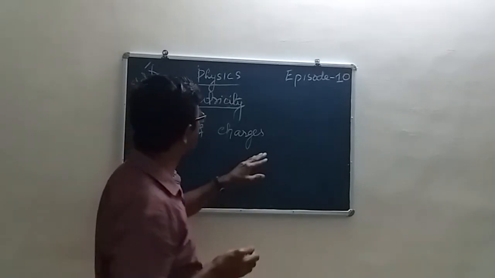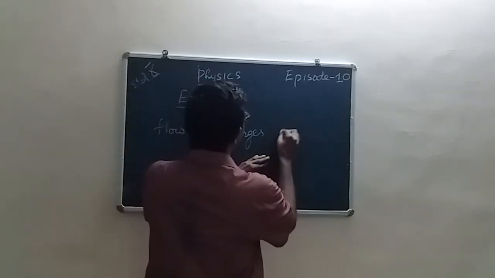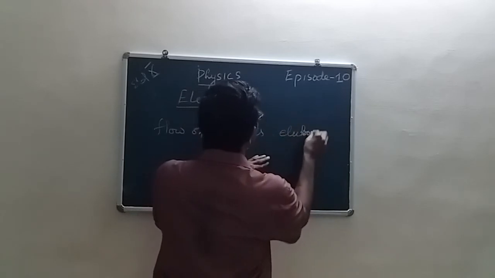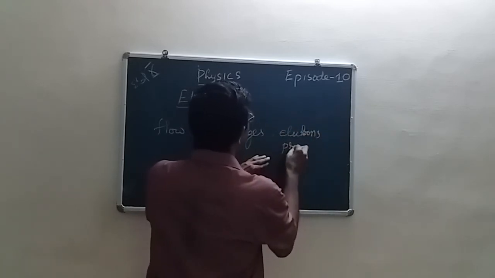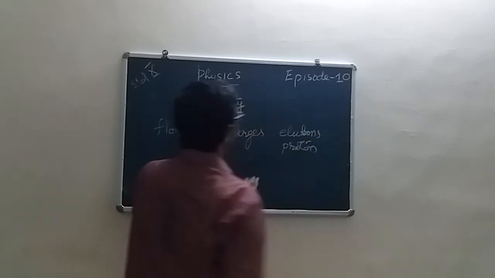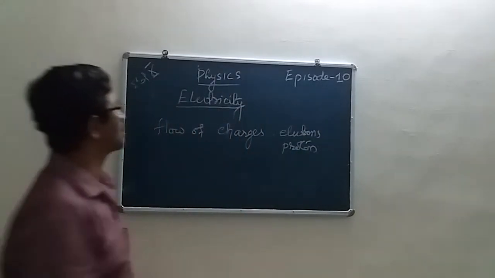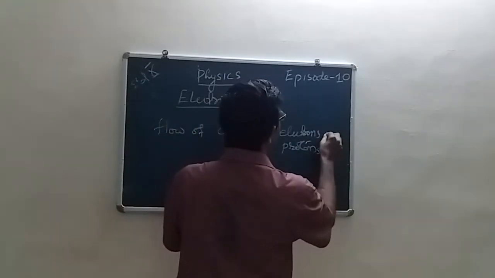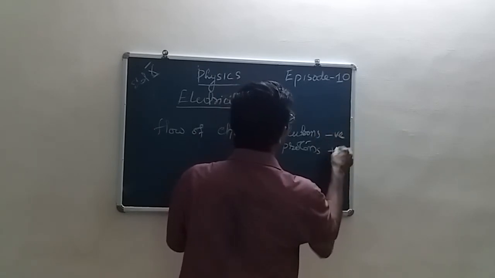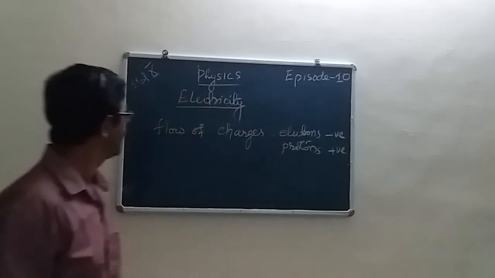We know already there are two types of charges. One is electron and another one is proton. Electrons with a negative charge, protons with a positive charge.